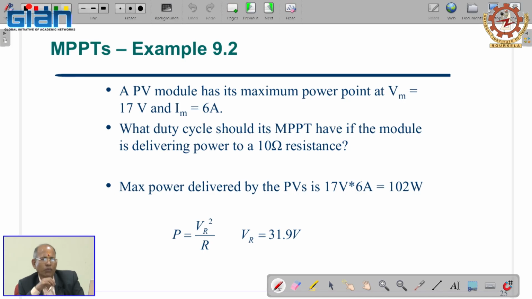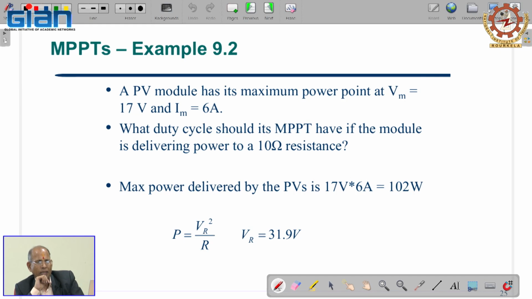Interestingly, for example, we have a PV module whose maximum power is at Vm equal to 17 and Im equal to 6.